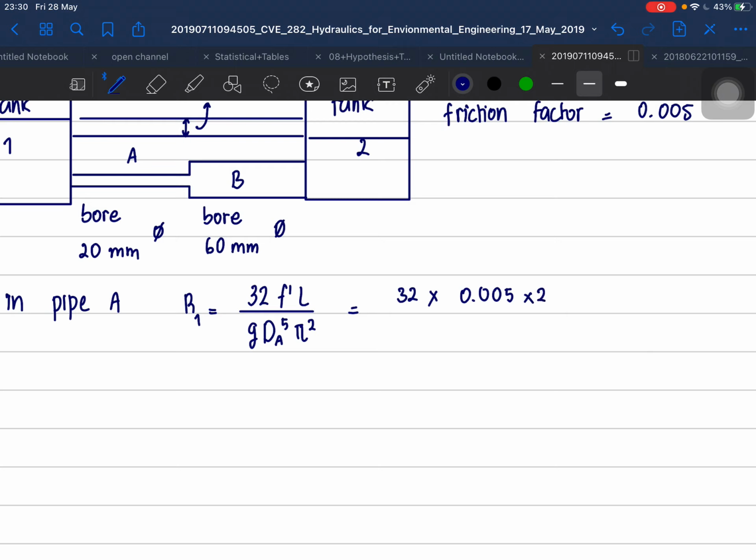Times 2G, 9.81, times D, which is this number, 0.02, only one zero. 0.02 to the power 5, times pi squared. So this will be the resistance in pipe number 1.